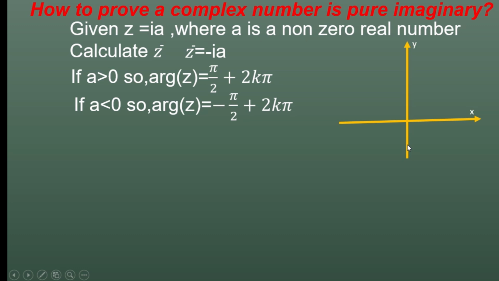Or like this, minus pi by 2 plus 2 pi, minus pi by 2 plus 4 pi, minus pi by 2 plus 2k pi if a is negative.